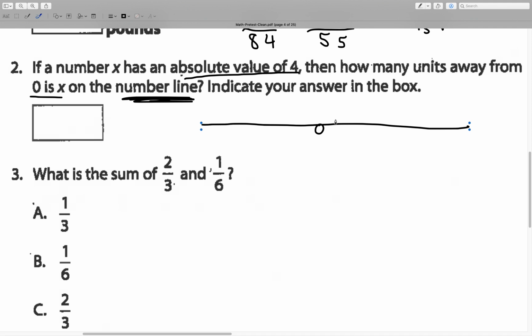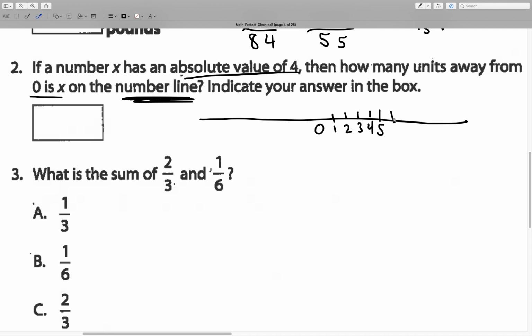On this side would be 1, 2, 3, 4, 5, 6. Let me just leave it at 7.